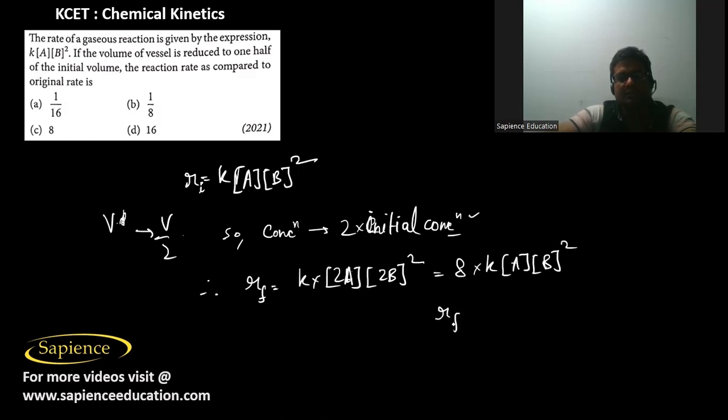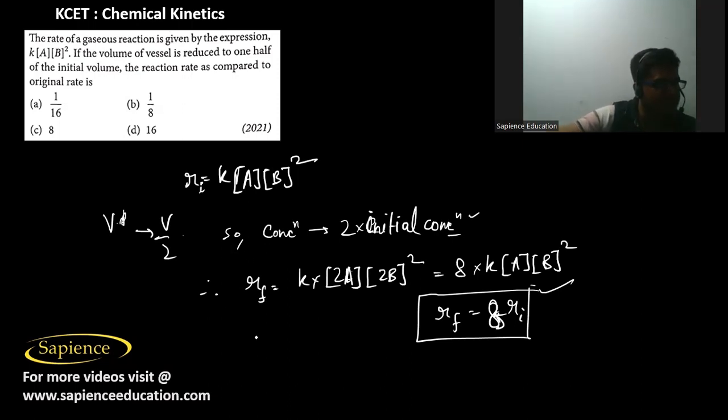So it means the final rate RF will be equal to 8 times RI. It means the final rate will increase to 8 times of the initial rate. So the reaction rate will increase to 8 times. So option C is the correct answer.